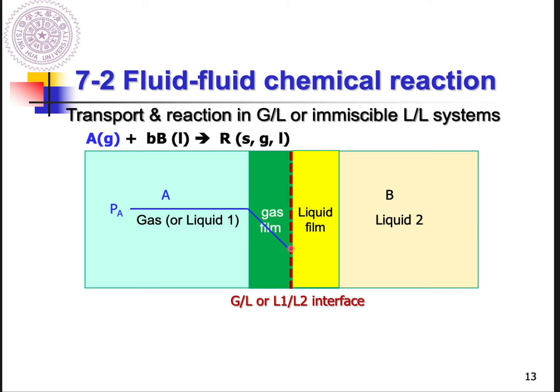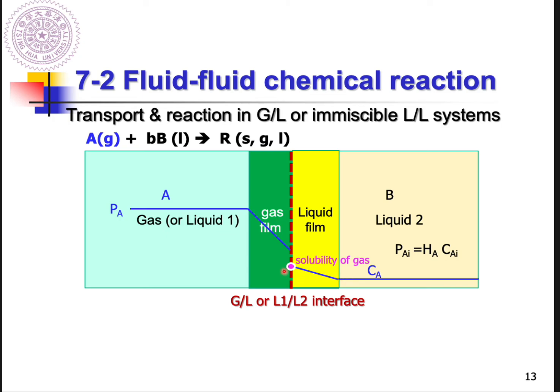As molecule A dissolves in the liquid phase, based on the solubility of gas A in the liquid phase, we get Ca prime or Cai at the interface, and molecule A will diffuse through the liquid film to reach the liquid B.